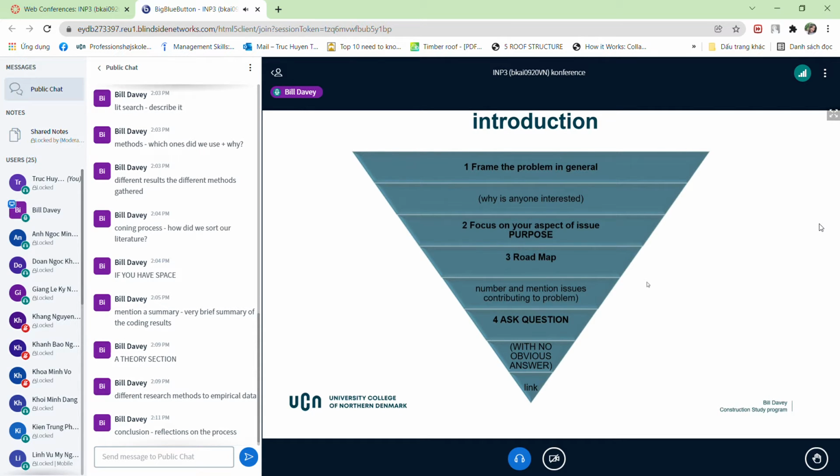Now, the roadmap is your individual problem formulations. So we start with the big issue, like we did. And then as you're writing your introduction, you say, but there are 4 interesting aspects to this question, and then you would just make very short sentences.